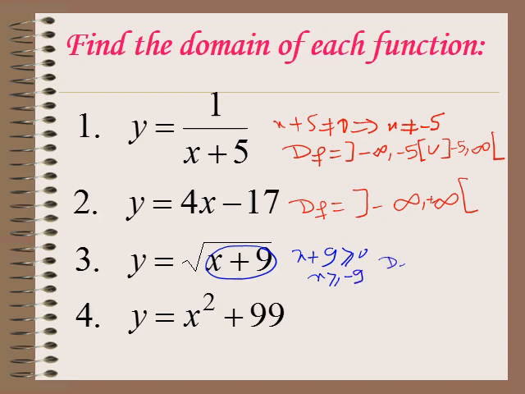Domain of definition is from minus 9 to plus infinity. Last one: y equals x squared plus 99. Domain of definition is from minus infinity to plus infinity.